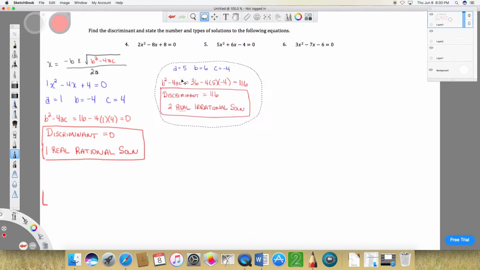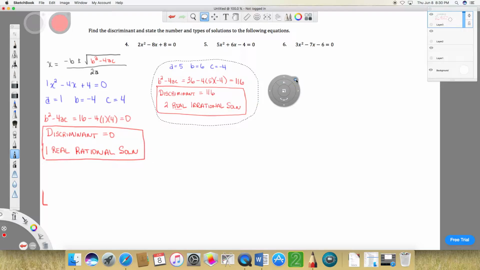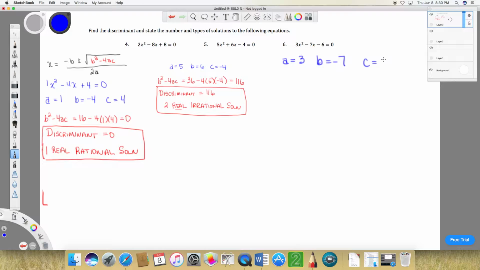Let's take a look then at this number 6. I notice it's in standard form and there's no greatest common factor among these terms. So I'm just going to come in and identify A, B, and C, and then find the value for the discriminant.